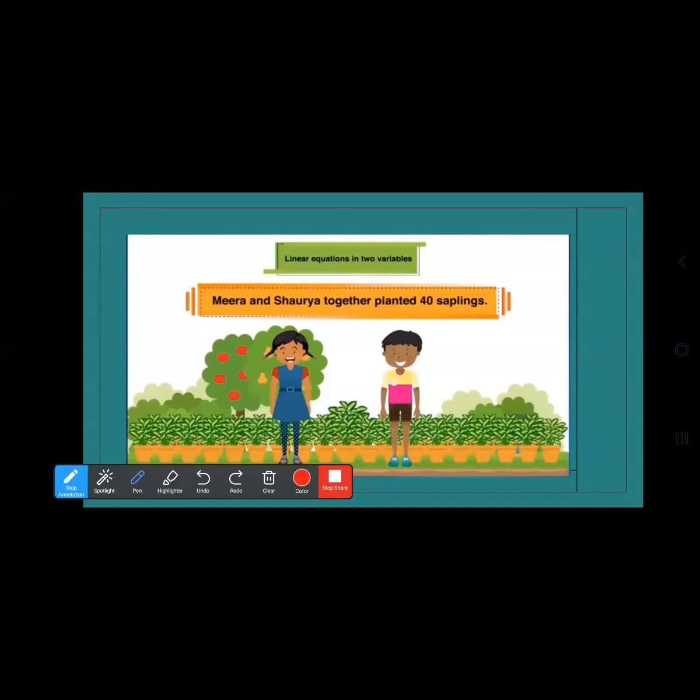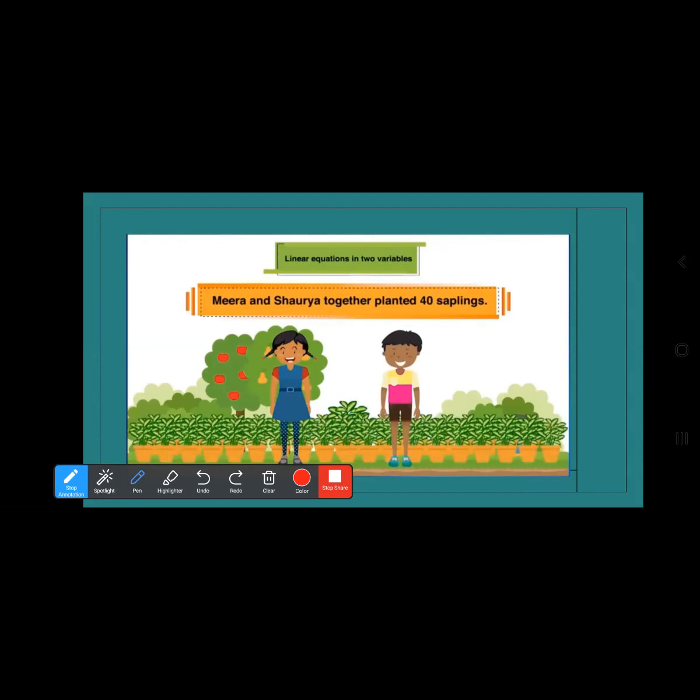We are going to study this in detail when we go for word problems on linear equations. But just to introduce this, I have taken a short example so that it is clear why we are using two variables and how we use these variables to form the equation.